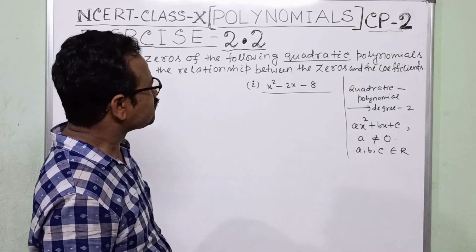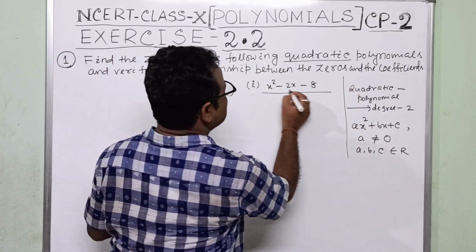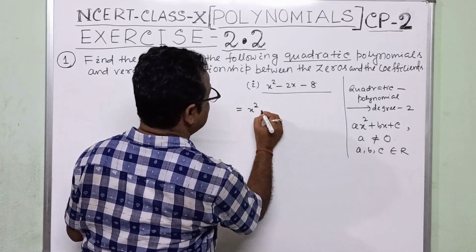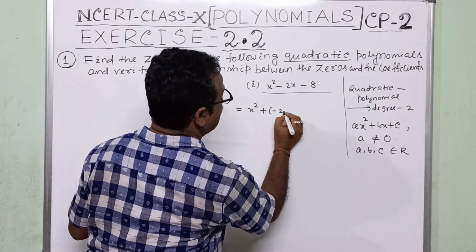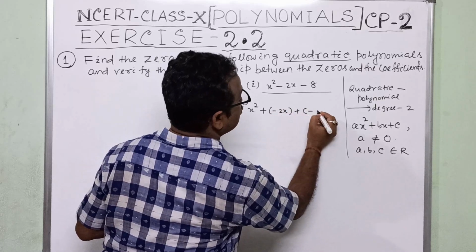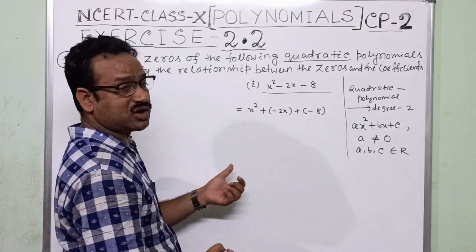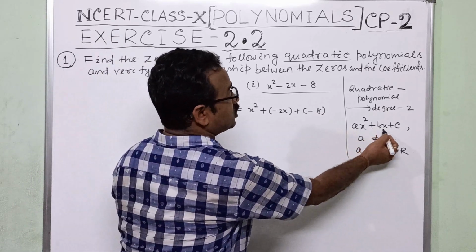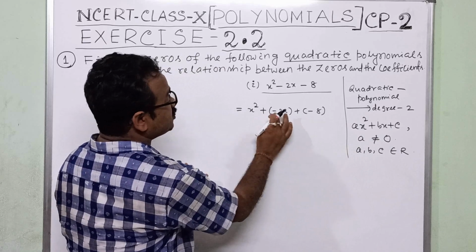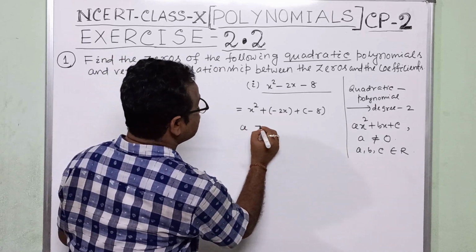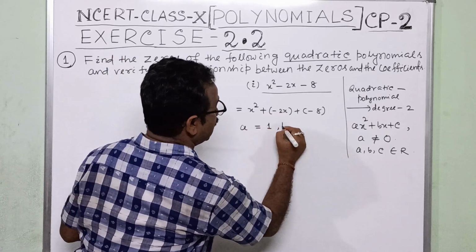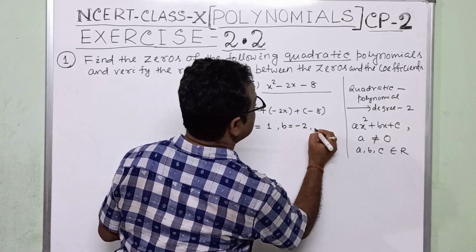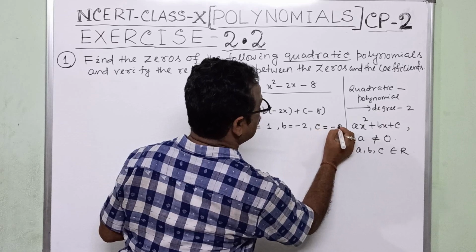So now here, x square minus 2x minus 8, I can write as x square plus minus 2x plus minus 8. To tally with ax square plus bx plus c, a plus sign is needed, so I have written minus. So here a is equal to 1, b is equal to minus 2, and c is equal to minus 8.